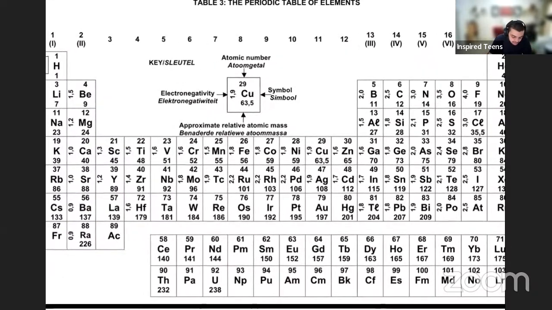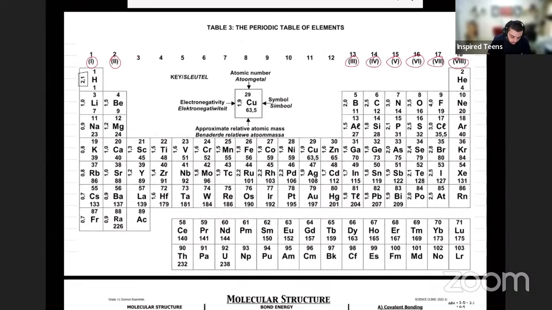So here are our Roman numerals: 1, 2, 3, 4, 5, 6, 7, and 8. We don't consider the English numbers, just the Roman numerals. You follow those group numbers. All the elements in group 1 have 1 valence electron.